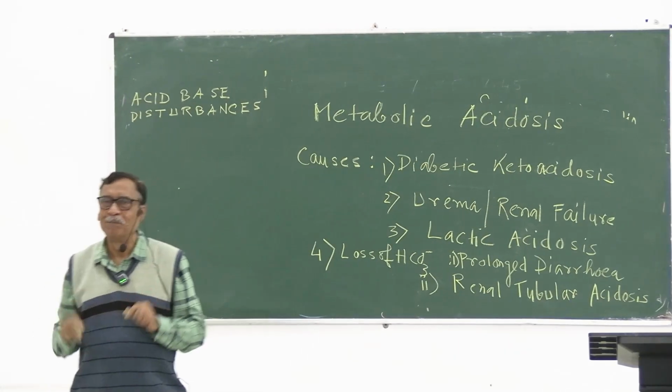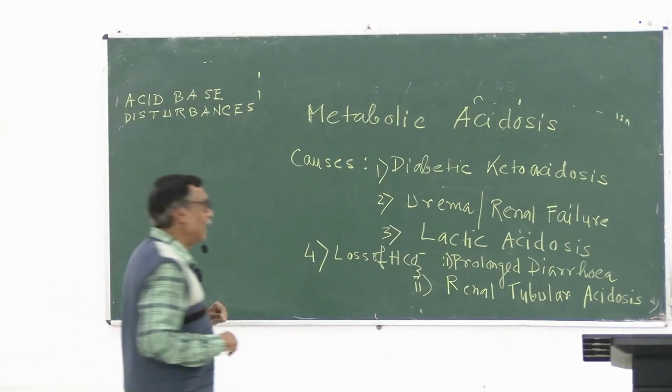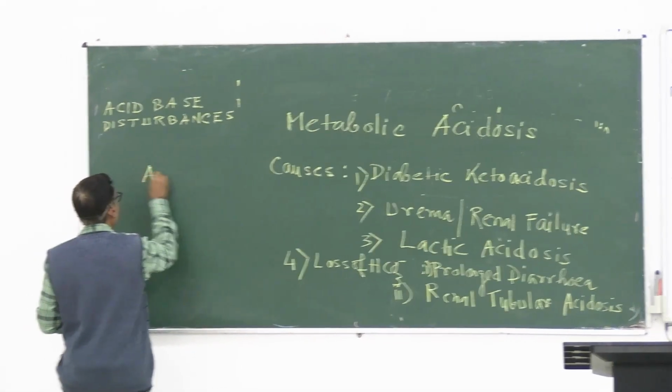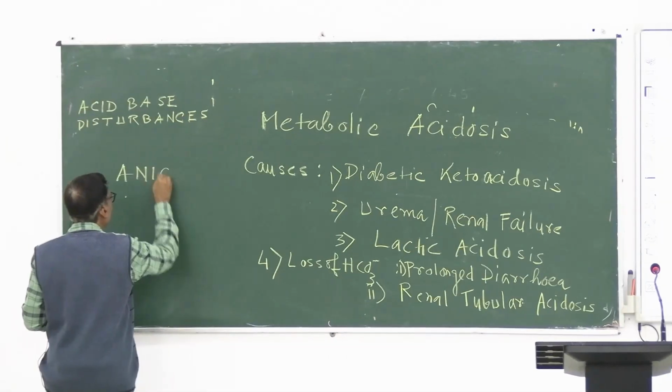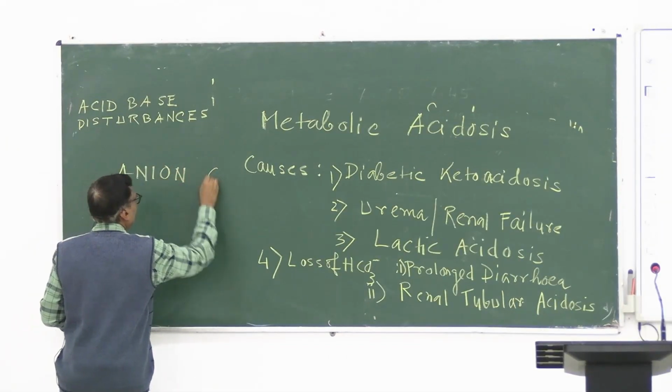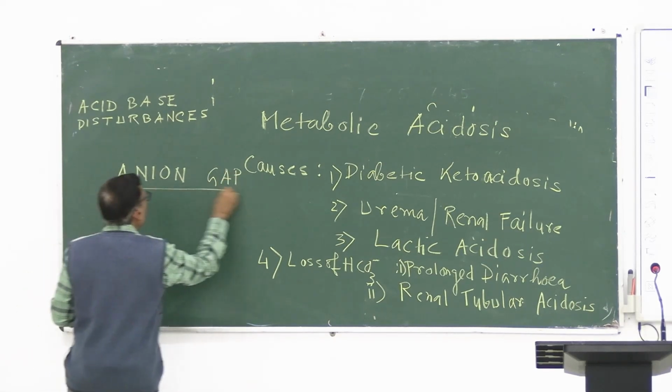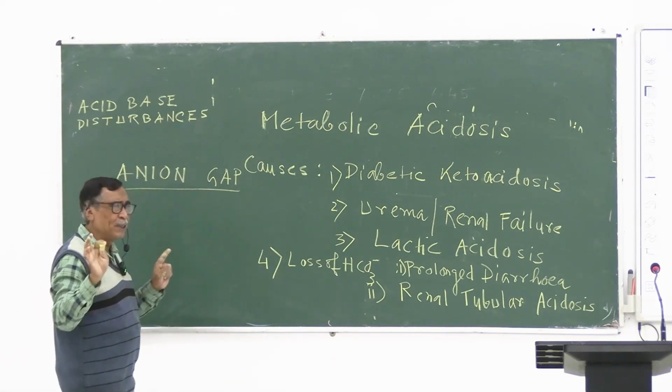What is anion gap? First of all, anion gap is a condition, you have to know it, which is very applicable to metabolic acidosis. It is just a formula. What is that formula?